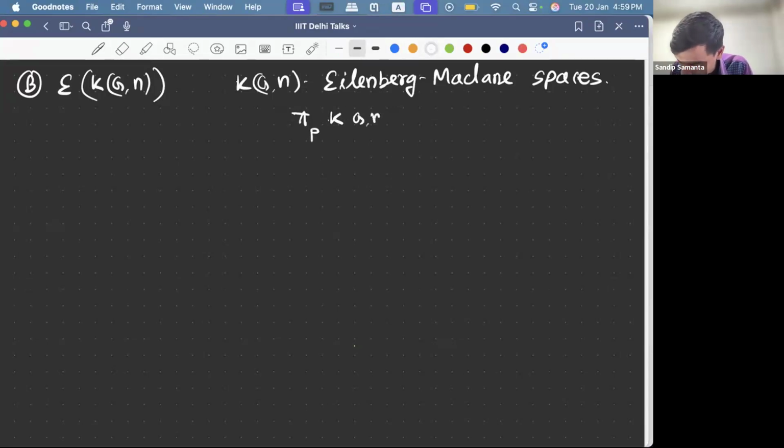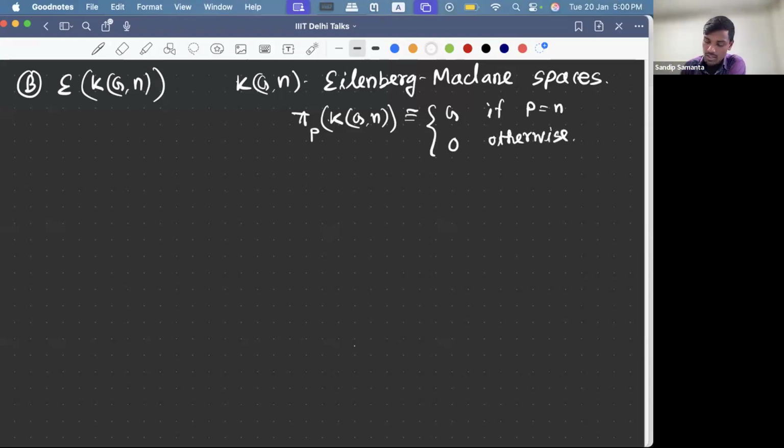So pi_p of K(G,n) is isomorphic to G if p equals n, or 0 otherwise. Remember that if n is equal to 1, then G can be any group. And if n is greater than or equal to 2, then G has to be an abelian group, because the higher homotopy groups are abelian.